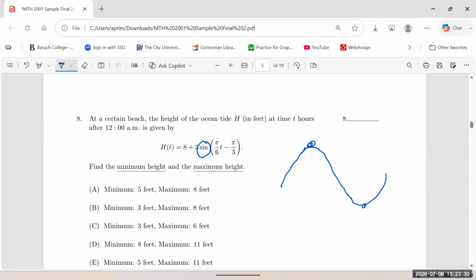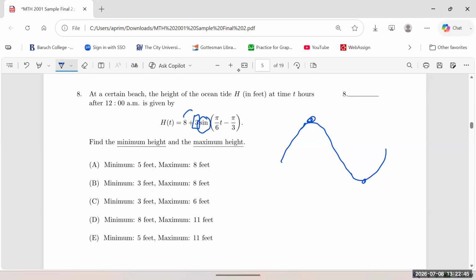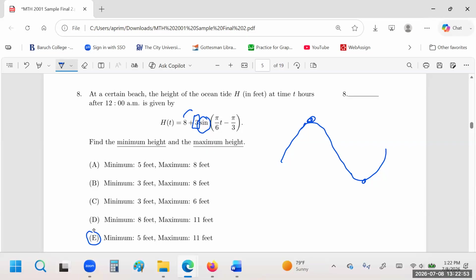So you have your amplitude 3 and you're adding 8 more. So plus 3, so 8 plus 3, 11. 8 minus 3, 5. Is the answer E? Let me see.